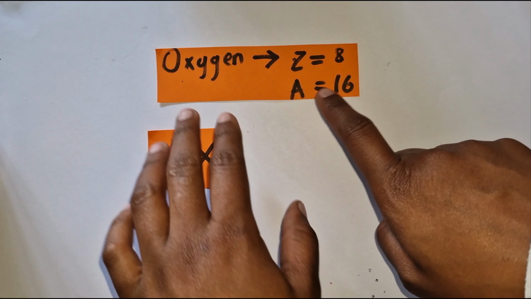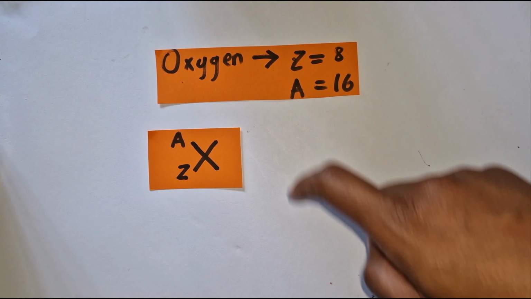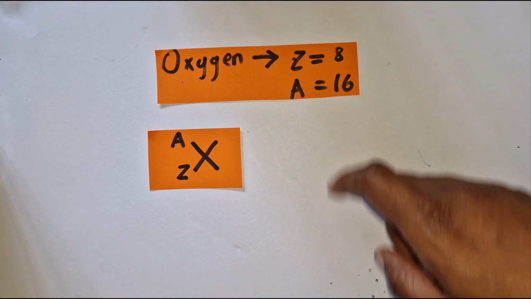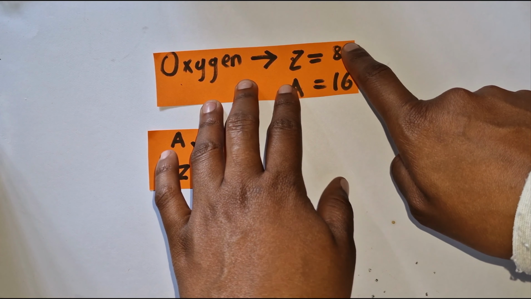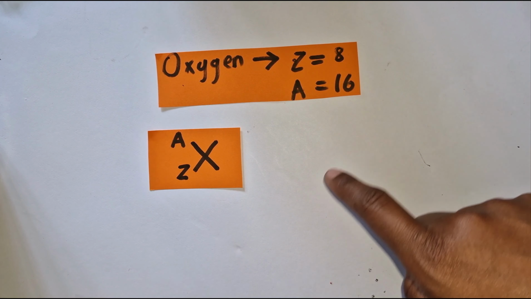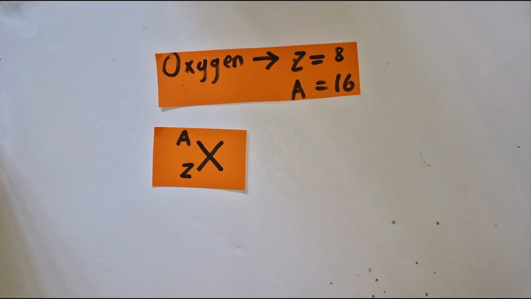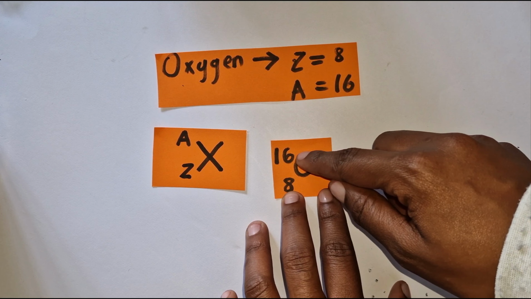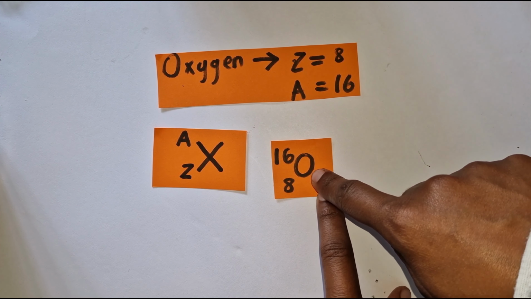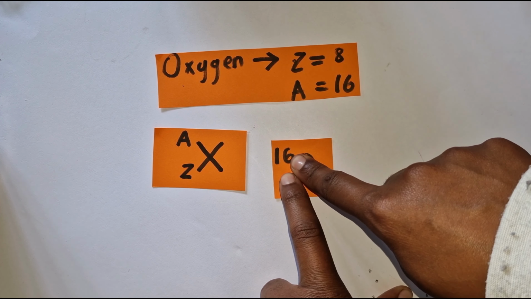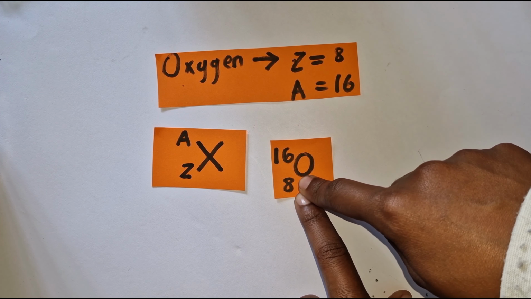Last but not least, we can also write oxygen in standard notation. Oxygen has an atomic number of 8, an atomic mass number of 16. So how would we write that? So we'll just draw the chemical symbol for oxygen, which is O, 16 as a superscript, 8 as a subscript.